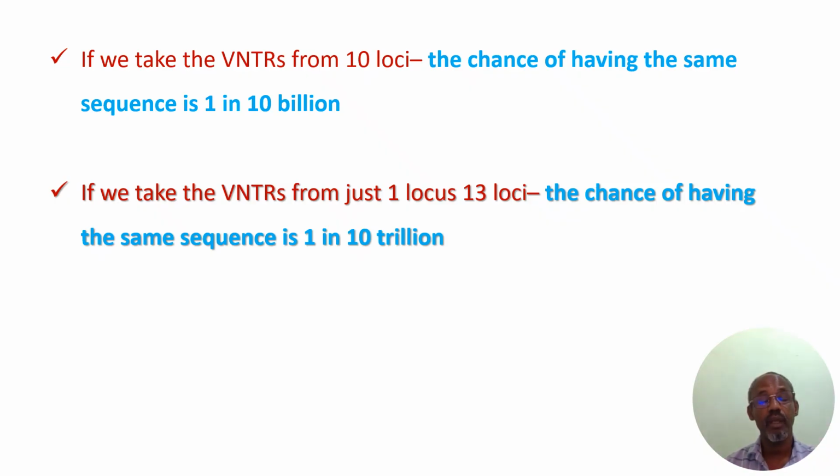As the number of loci from which random repeats are taken increases, we can minimize the chance of two individuals having the same or similar DNA profile, so that we can be sure this Mr. X is innocent and Mr. Y is the criminal. We can say that with almost 100% certainty. And now, let us see how it works.